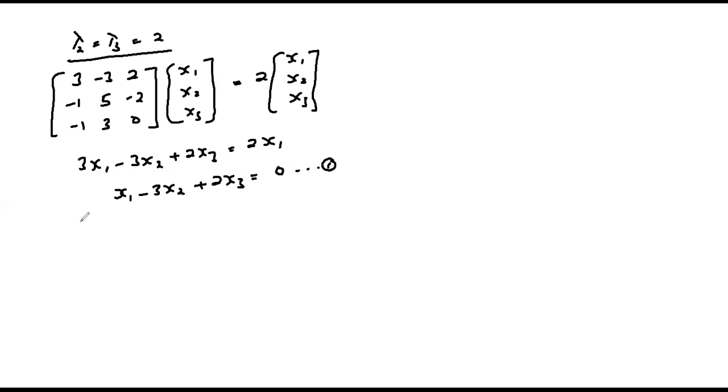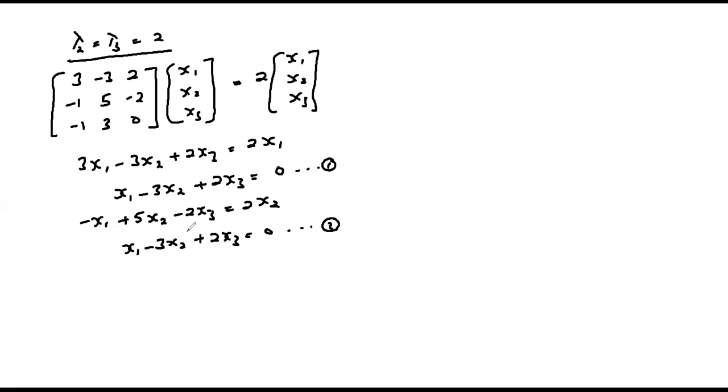The second set will give us minus x1 plus 5x2 minus 2x3 is equal to 2x2. Then we take all these terms to the right, and we get x1 minus 3x2 plus 2x3 equal to 0.